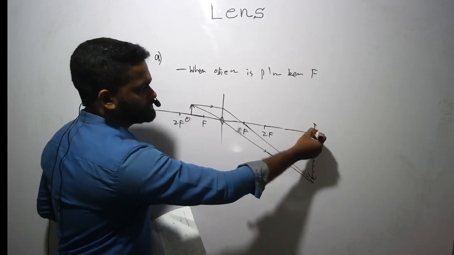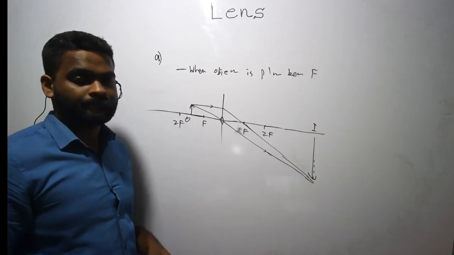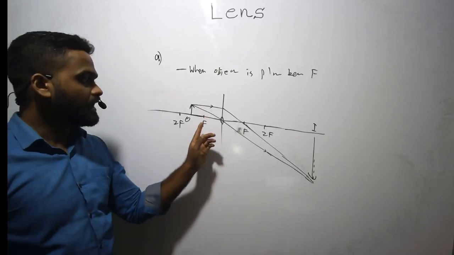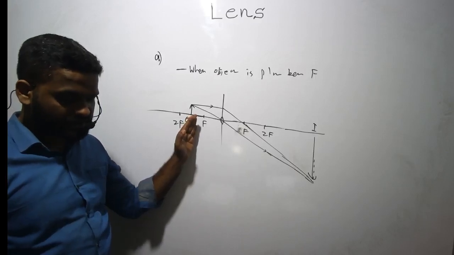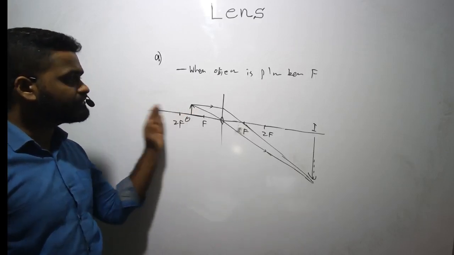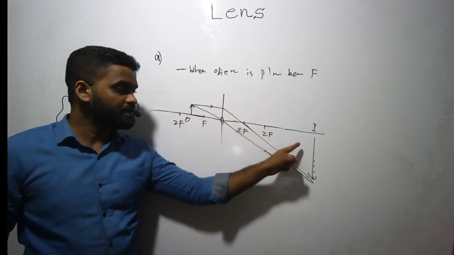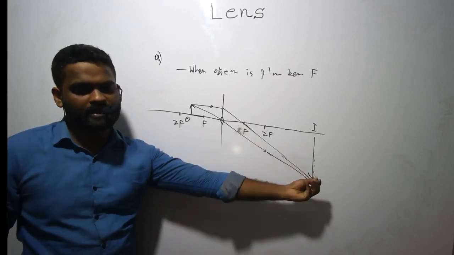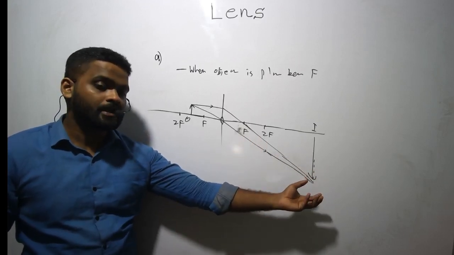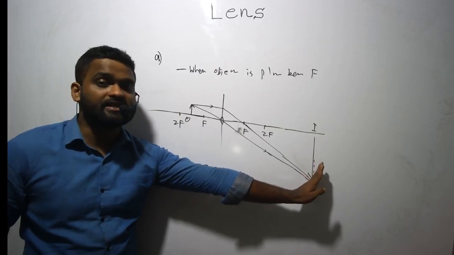Here is the object, and you have the inverted image here. For any position beyond f, it is always going to be a real image. Actually the rays go to that point, and that is what we call real. So you can take this image on a screen.